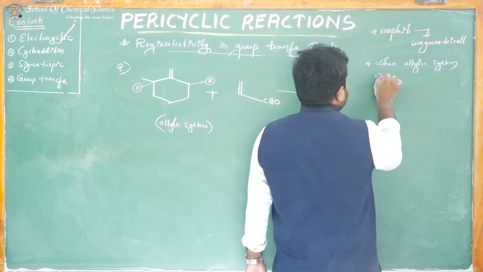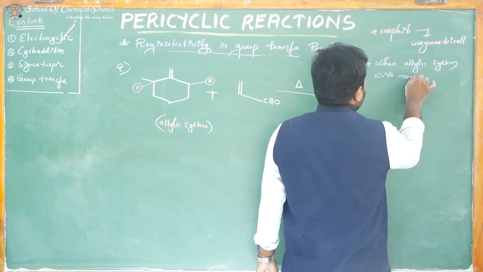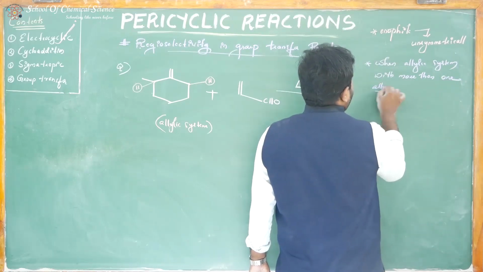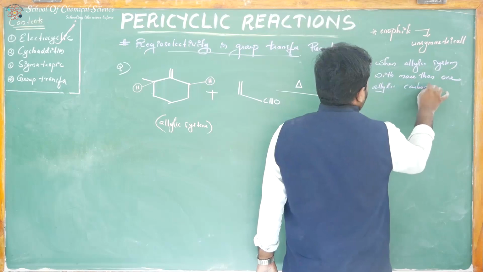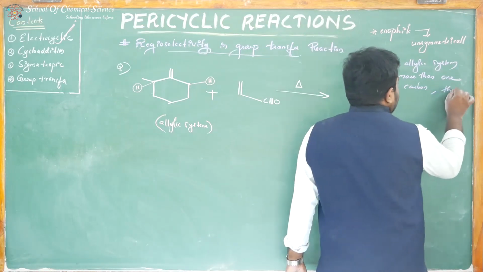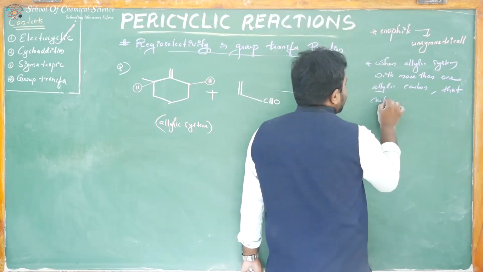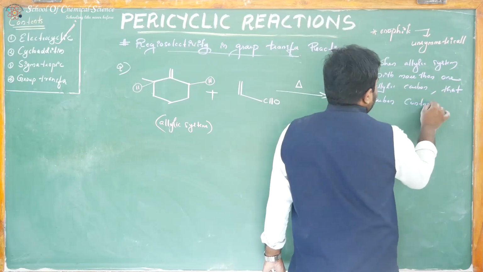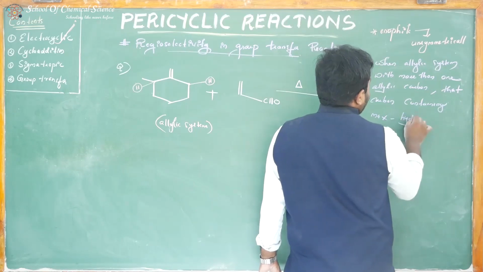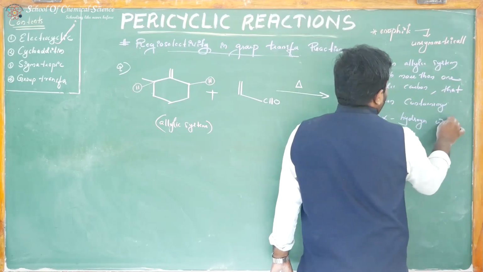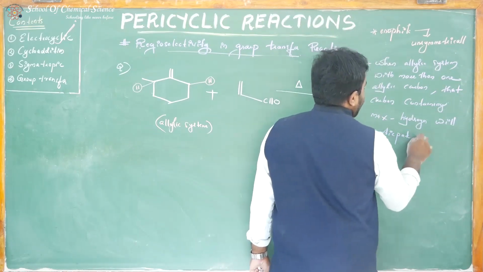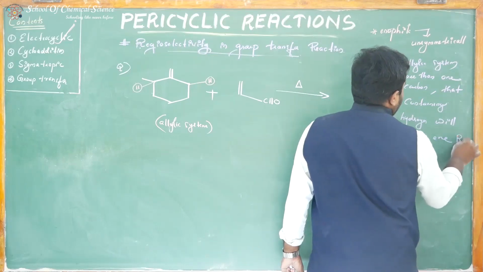When an allylic system has more than one allylic carbon, that carbon containing maximum hydrogen will participate in the reaction.